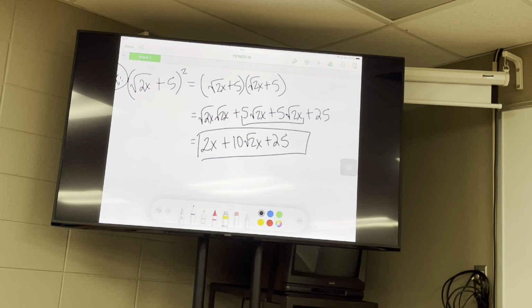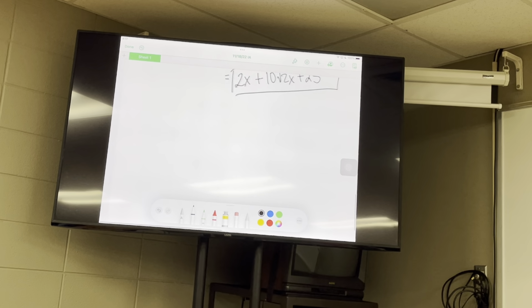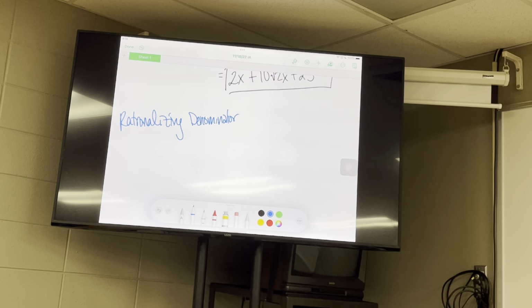Okay, now we will get into rationalizing the denominator. Rationalizing denominators of rational expressions.